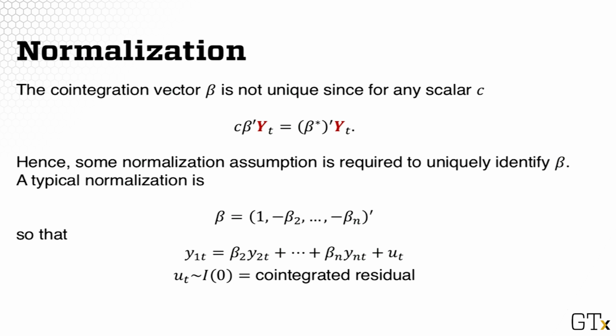A typical normalization is to consider a vector of coefficients in which the first value in the vector is 1, as in the vector beta provided on the slide.